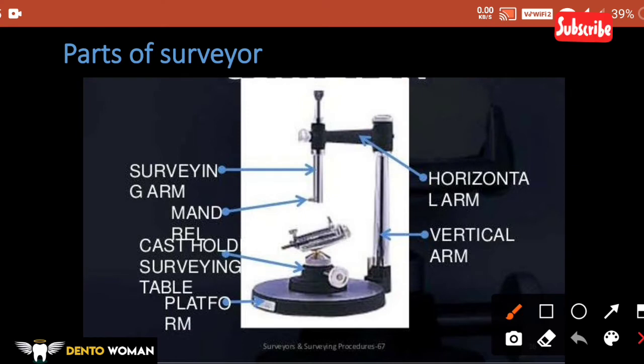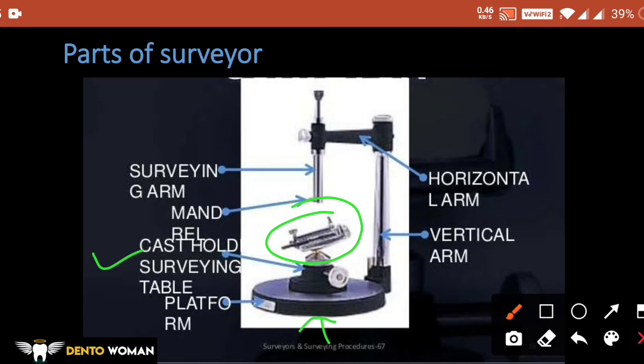Talking about the parts of surveyor, first we'll see the surveying platform. This is our surveying platform. It is a metal plate parallel to the floor where a cast holder can be placed. Now the second part is cast holder or surveying table. It is a stand placed over the surveying platform, and this stand has a base and a table to place a cast.